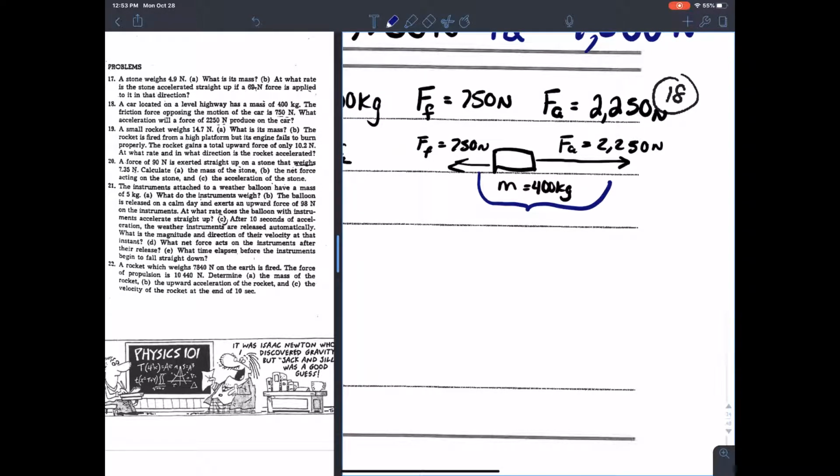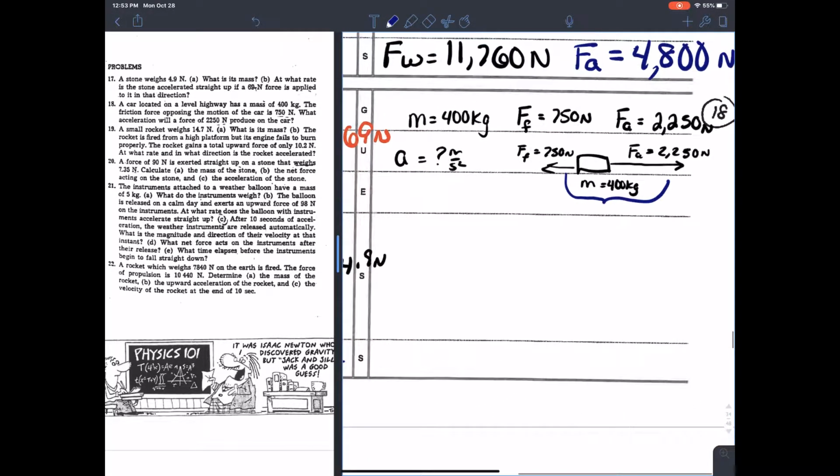So what we have to do is get the net force that's acting on this. To get your net force acting on the car, you'd have to subtract those two. And I'm going to write it out like this. F net, because that's the net force, divided by the mass of your car is going to get your acceleration.